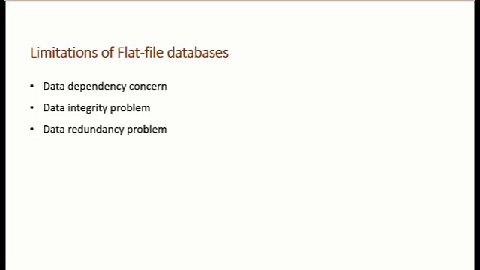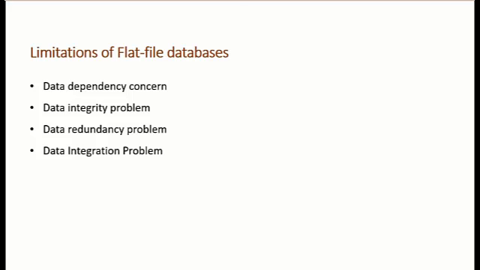Whereas in relational databases, a key field is required for every table or every relation. So in relational databases, there is no data redundancy and no duplication of data. In this way, data integrity or entity integrity is maintained with the help of a key field.